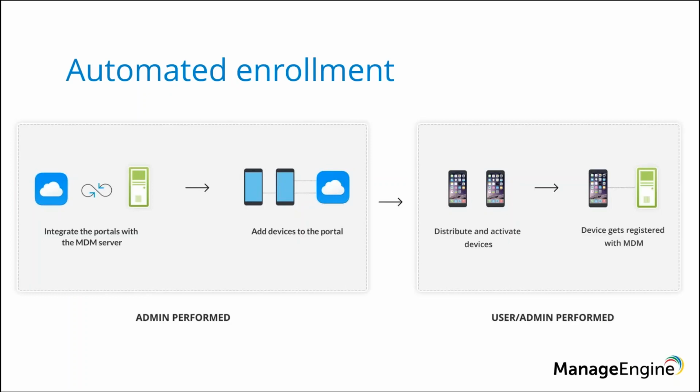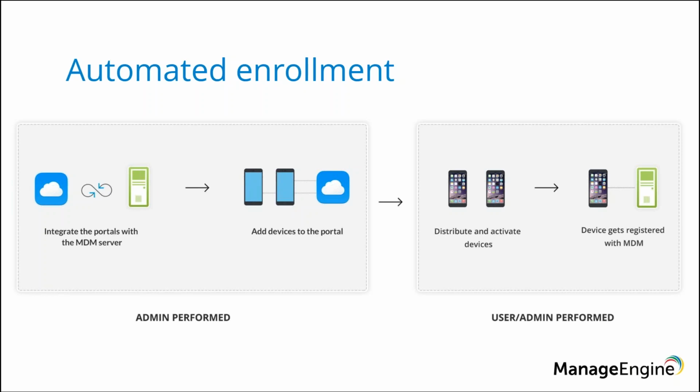So this is the automated enrollment chart in general. You integrate your respective portals. It can be the Apple Business Manager, or it can be the Zero Touch portal that you'd like to go forward with. You can integrate the portals with the MDM solution. You can add the devices to the respective portals, followed by which you can just distribute the devices to your users and ask them to turn on the device.